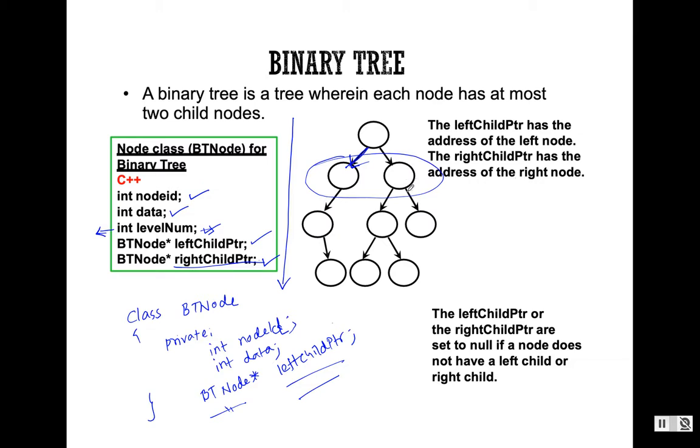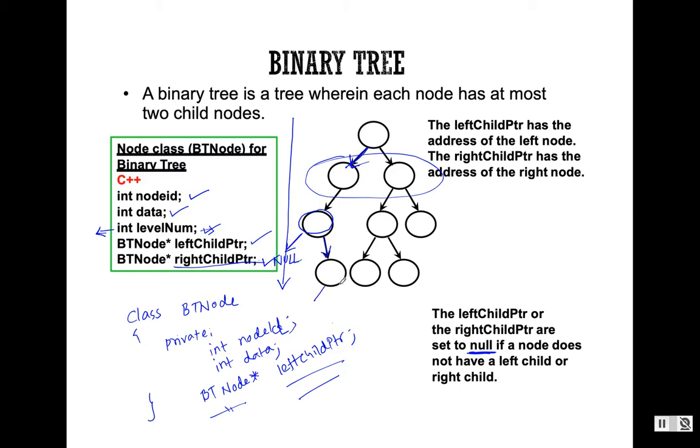If a node doesn't have a left child or a right child, they are going to be set to null. For example, this node has only one right child, so this pointer will be set to null.